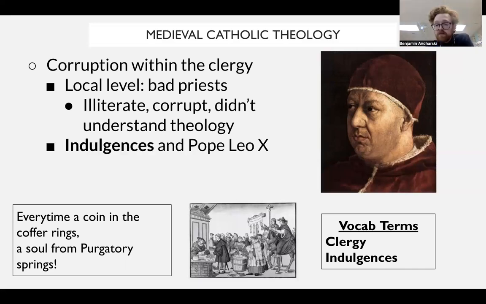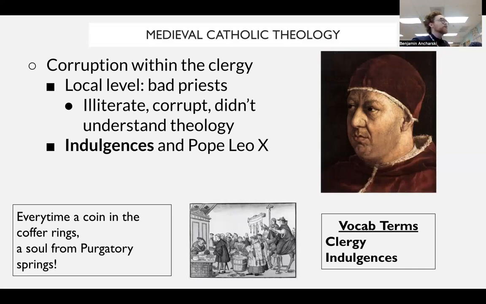But one of the biggest controversies is going to be a very controversial practice known as the sale of indulgences. And an indulgence, to put it very simply, is a get-out-of-jail-free card. It literally is a certificate saying that you don't have to spend this many years in purgatory because you gave a bunch of money to the Catholic Church.